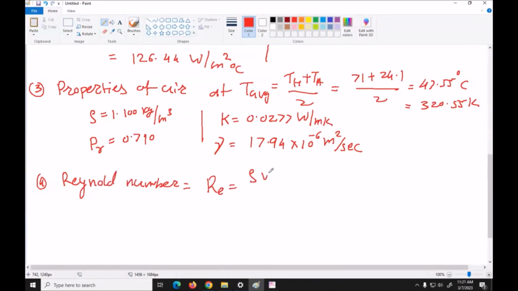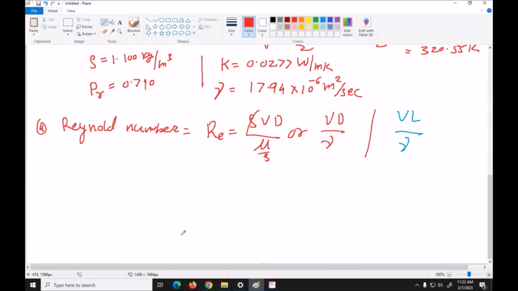Re is equal to rho V d by mu. Here I have mu by rho, which is nu. So V d by nu, this is for cylinder, and for flat plate it is V L by nu.